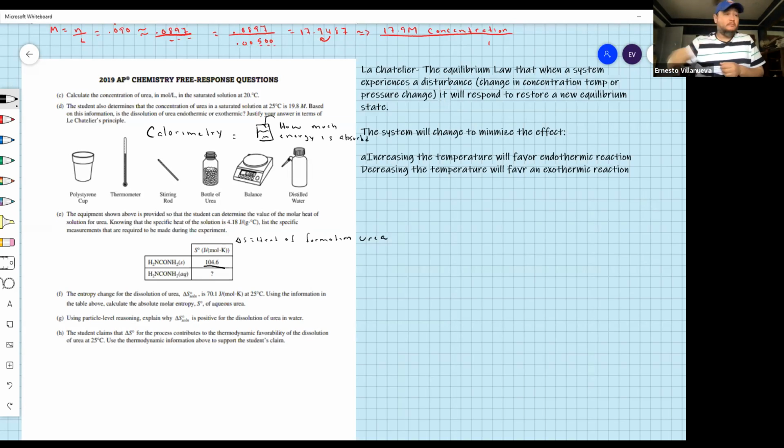Okay. So for this experiment, what are we going to use? We're going to use a polystyrene cup, a thermometer, a bottle of urea, obviously, and the balance.